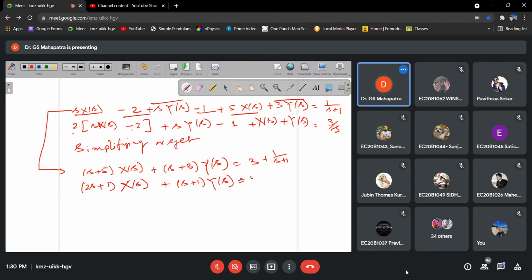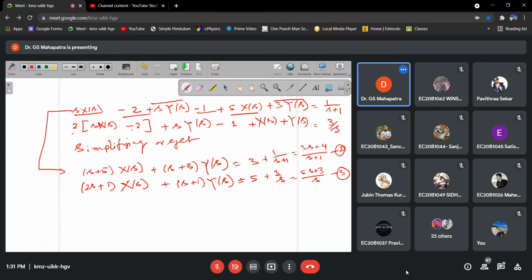Minus 5 means 5 plus 3 by s. So this one is 3s plus 3 plus 1, 4 s plus 1. This one is 5s plus 3 by s. So this is equation 2. This is equation 3.